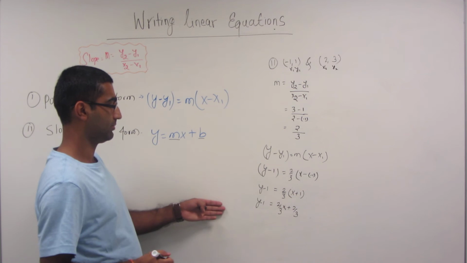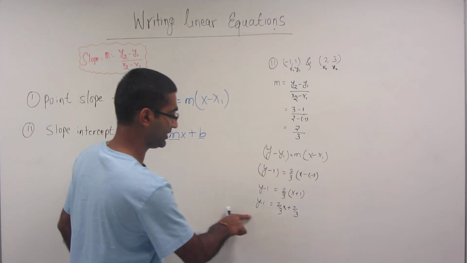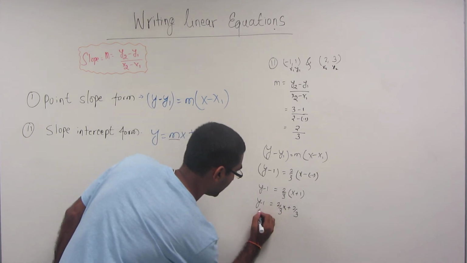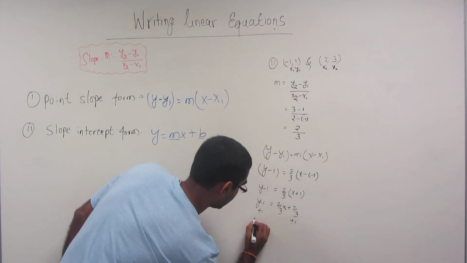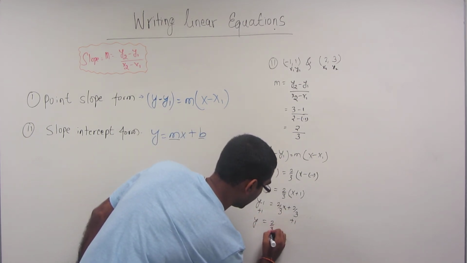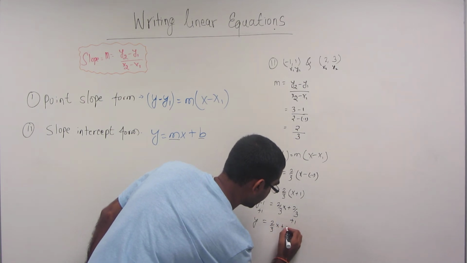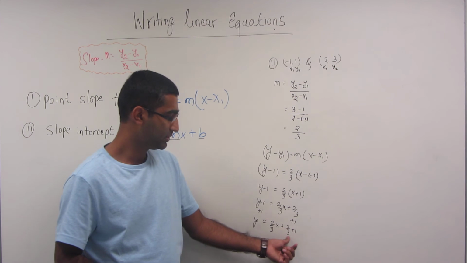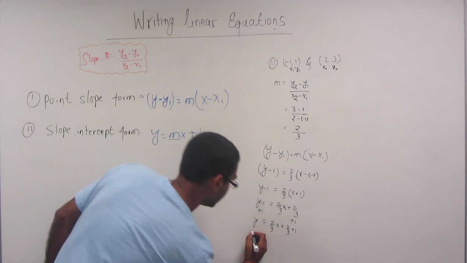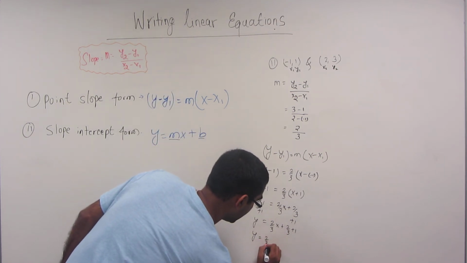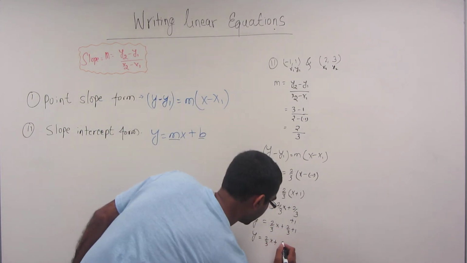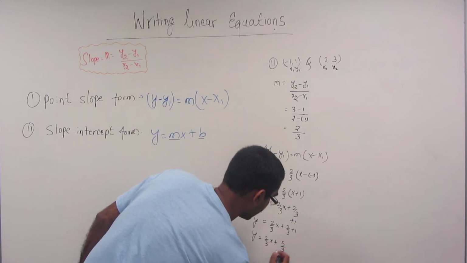Alright, now just like the last one, we are going to change this into the standard form, y equals mx plus b. So plus 1, so we have y equals 2/3 x plus 2/3 plus 1. Now we're going to combine these two constants into one single constant. So y equals 2/3 x plus, the 2/3 plus 1 is going to give us 5/3.